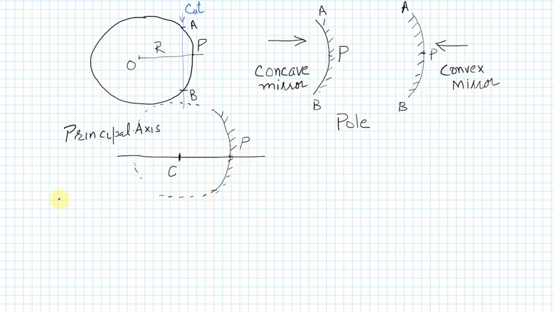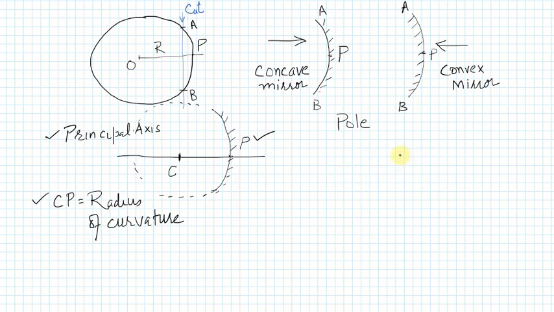And this distance CP is called the radius of curvature, right? So principal axis, pole and radius of curvature. These three are the basic terms used here. There are some more which we shall see during the course of our time.